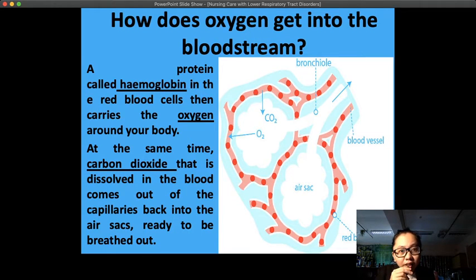Because hemoglobin itself is made of protein. And hemoglobin is a part of the red blood cells that carries the oxygen around your body, not only in the lungs but in your entire body. So you have to eat protein because hemoglobin carries the oxygenated blood. Oxygenated blood is this one, the red one.